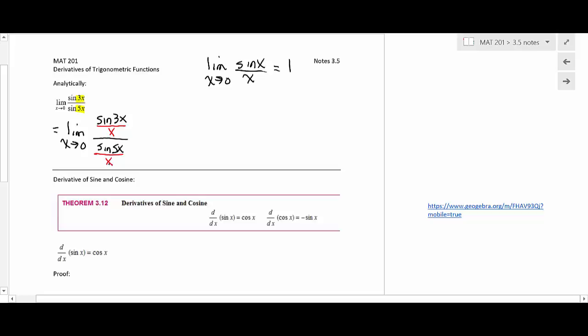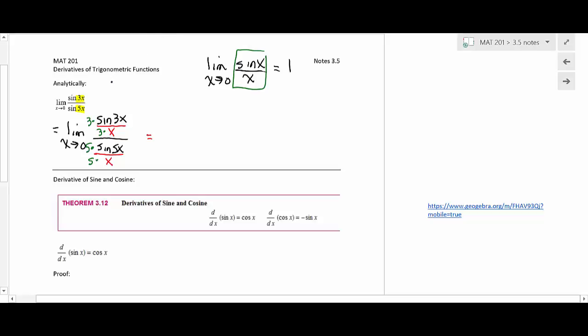You have to. So now I'm going to apply this little trick here. Watch this carefully. Remember, I'm trying to look at sine x over x. So I'm going to multiply this by 3 over 3, like I did on the last problem. And then the bottom, I'm going to multiply by 5 over 5. You're not changing the problem, because all you're doing is multiplying by 1, right? So we're going to do 2 substitutions.